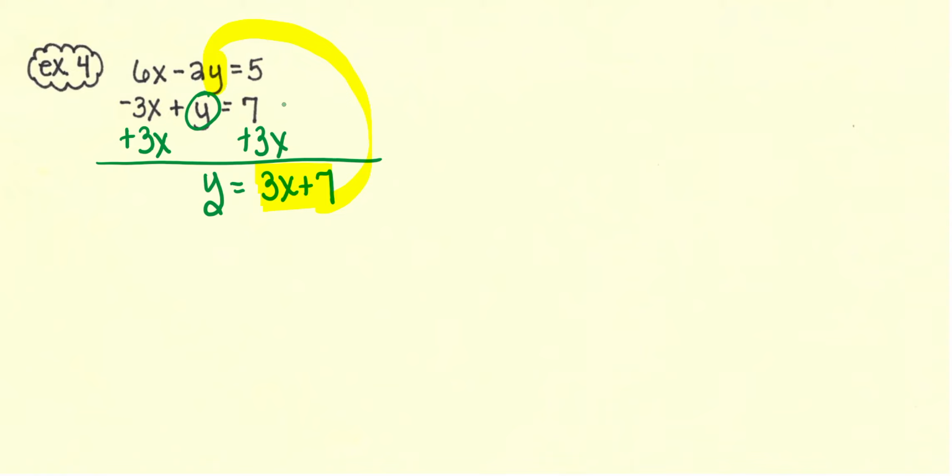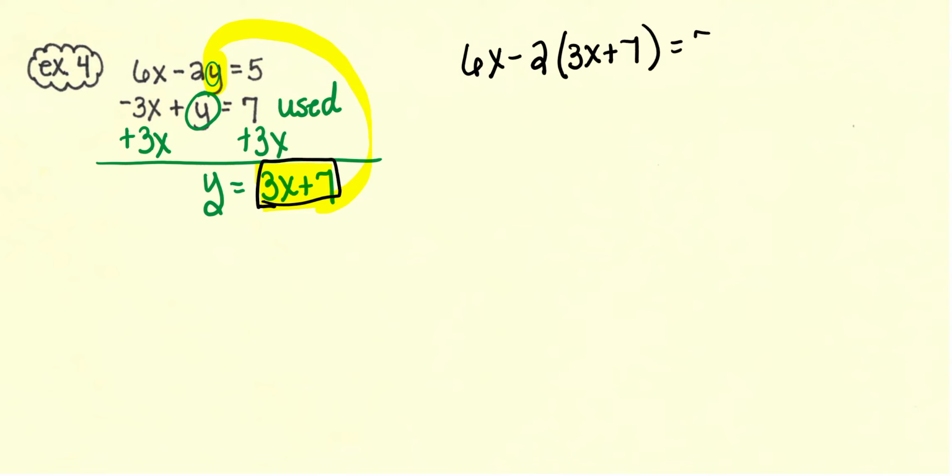Again, I used this one, so therefore I must substitute it back in to the other one. So I'll come up here and I'll have 6x minus 2, but where the y is, I'm going to put in 3x plus 7 is equal to 5.